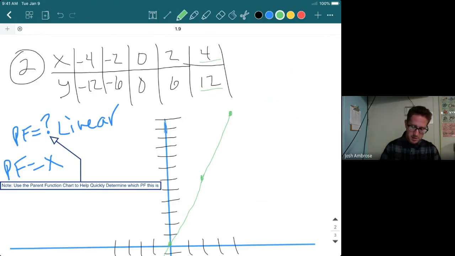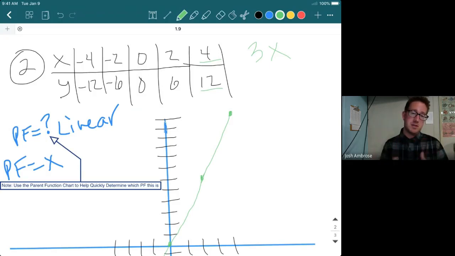So that must mean that I am doing something to x to get to the y. And what am I doing? Multiplying by 3. 4 times 3, that's 12. 2 times 3, that's 6. 0 times 3, well, that's still 0. Negative 2 times 3, that is negative 6.